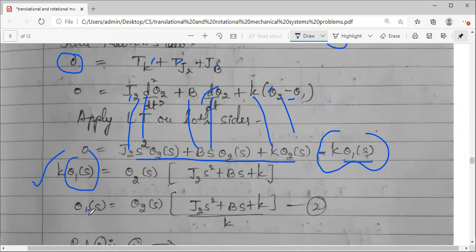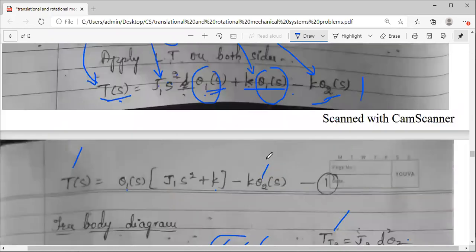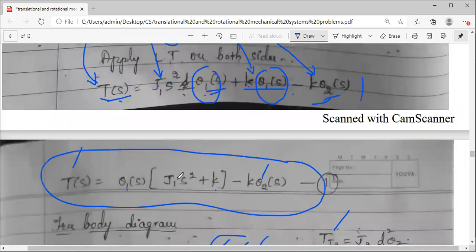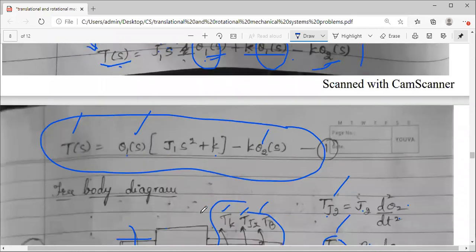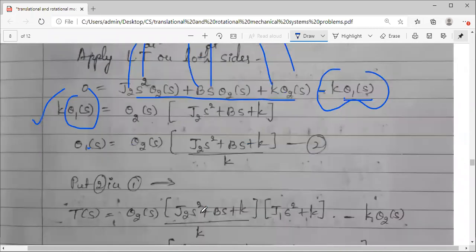Why is it necessary? If I take out theta 1 from this, in equation 1, I can substitute for theta 1. Okay, most of the time this is the procedure, and equation 2 will be substituted in equation 1 most of the time.